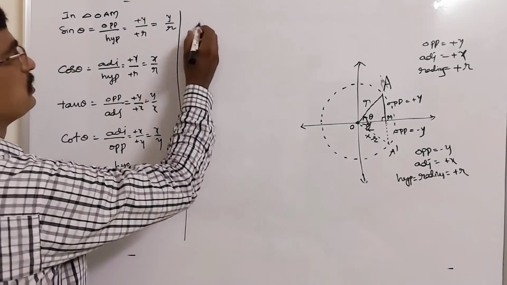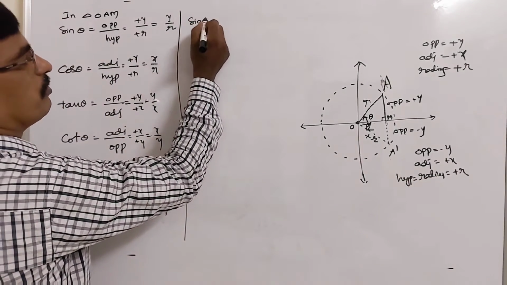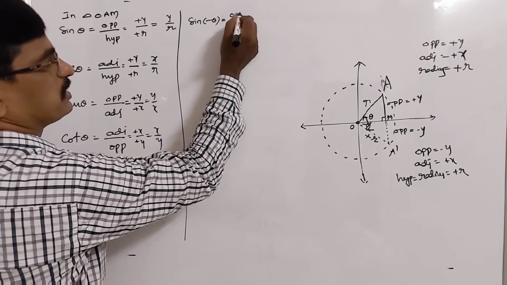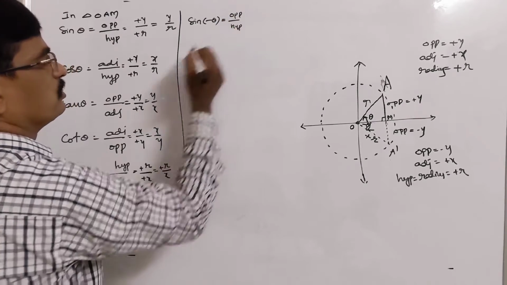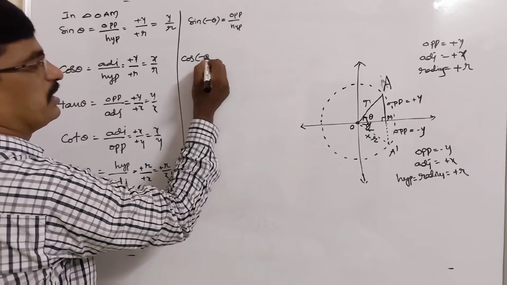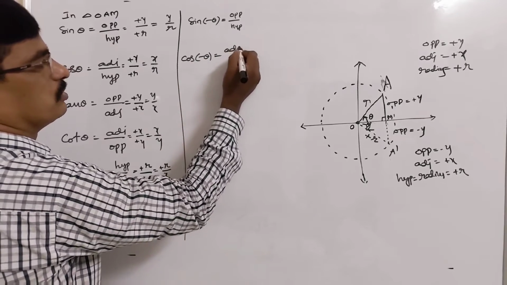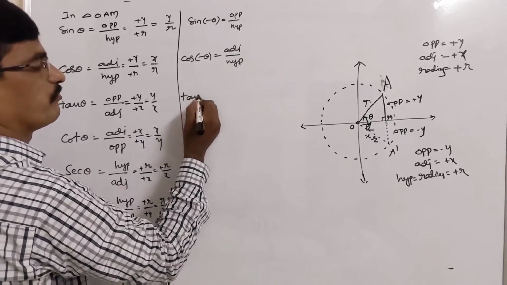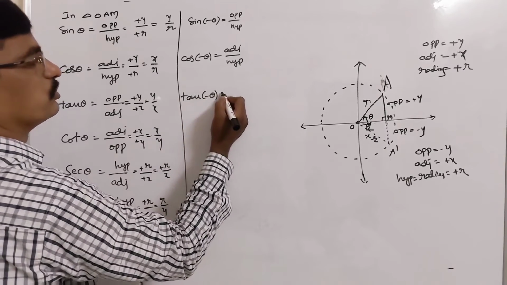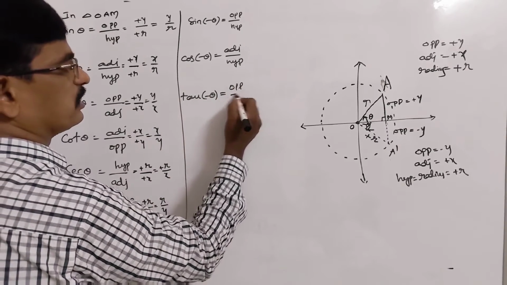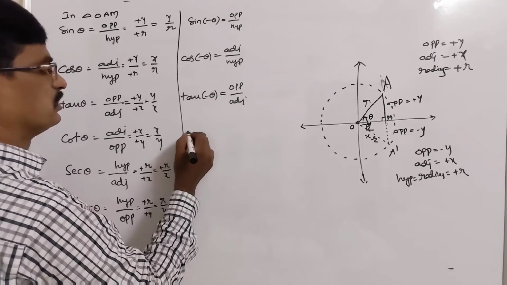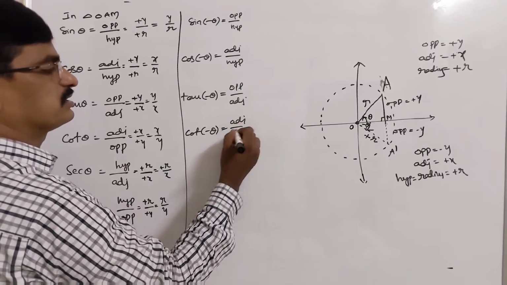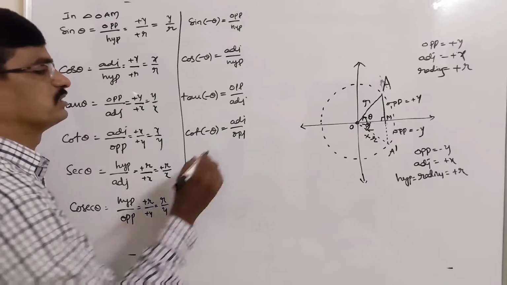Okay, that is, sine of minus theta is equal to opposite side by hypotenuse, cos of minus theta is equal to adjacent side by hypotenuse, tan of minus theta is equal to opposite side by adjacent side, cot of minus theta is equal to adjacent side by opposite side.